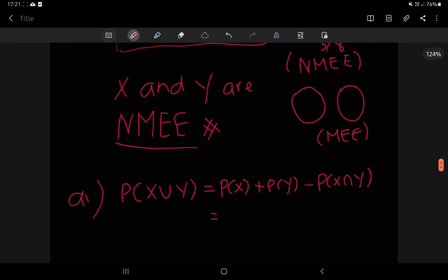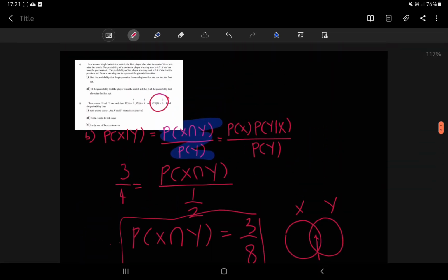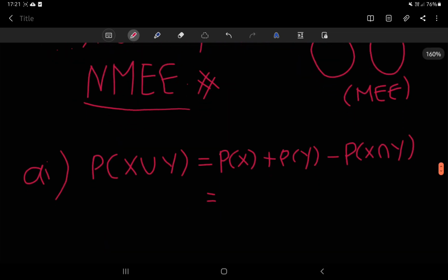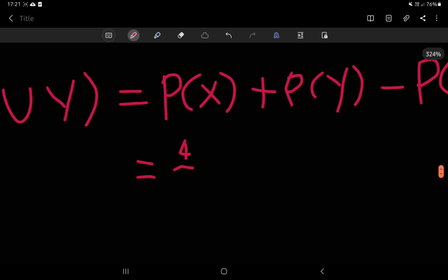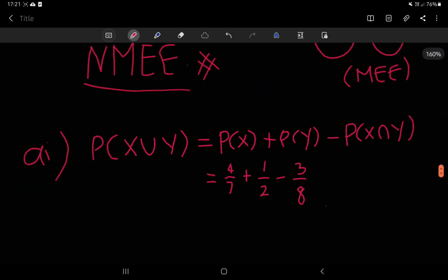So P(X) is given by 4/7, plus P(Y) is half, minus the intersection, which we found to be 3/8.